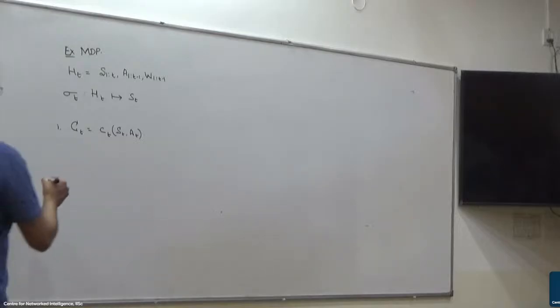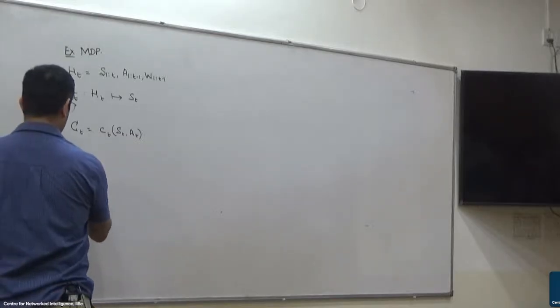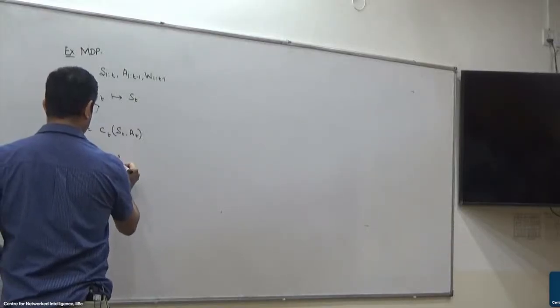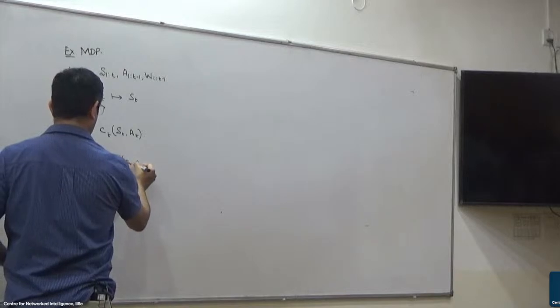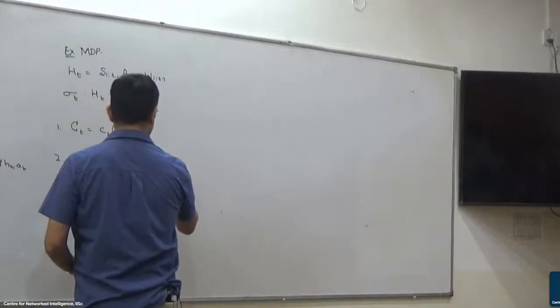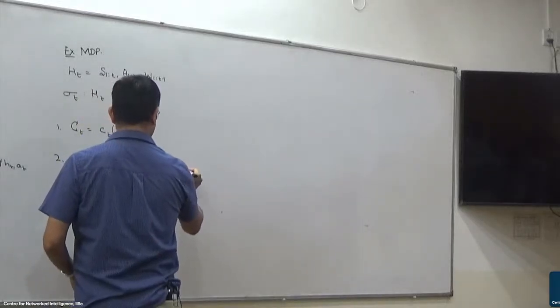So, it is clear that this equation holds. When I look at the cost conditioned on the history and actions, there is nothing random here. I will just get a scalar number which is the cost function evaluated at the current state and action, and that is what I will get on the right hand side also. Okay. And the second property was that when I look at the probability of St plus 1, recall this was some function of St, At and Wt, conditioned on Ht and At.